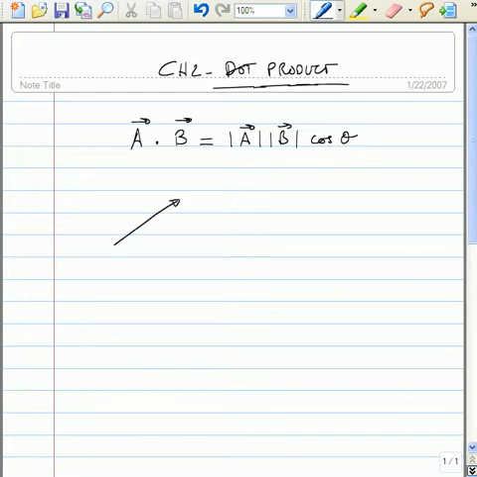So if vector A is like this, vector B is like that, theta is the angle between those two vectors, and the dot product between those two vectors is the magnitude of the first one times the magnitude of the second one times the cosine of the angle between those two vectors. This is a nice definition if you're dealing with vectors given to you in terms of magnitude and angle.